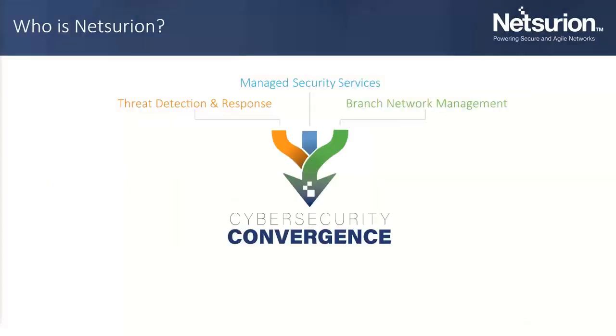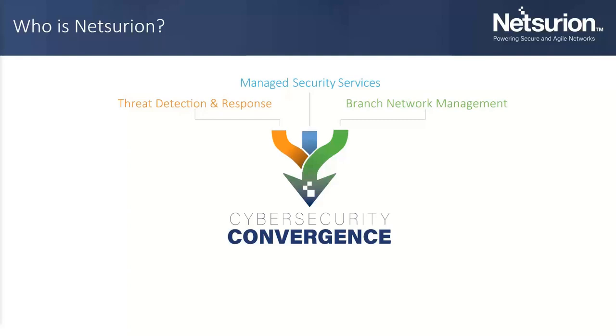So first off, before we delve into the main topic of our discussion, which is the MITRE ATT&CK framework, I want to give a little bit of insight into who Netshurian, our company, is. We're a managed security services provider, and we have a convergence blend of branch network management and threat detection response.